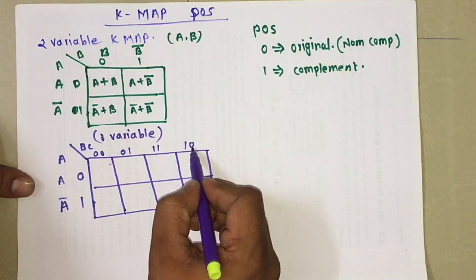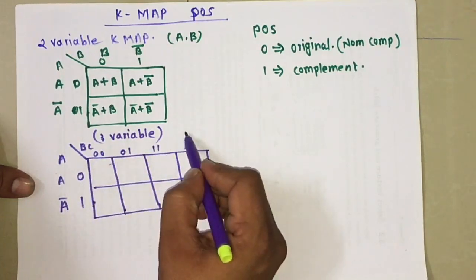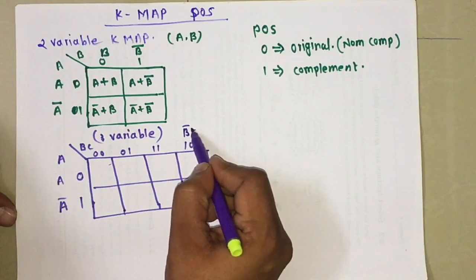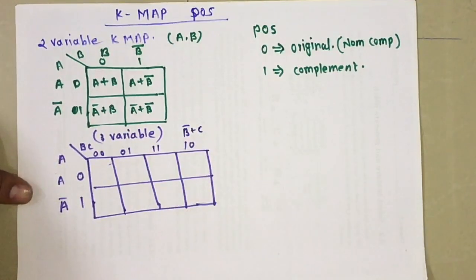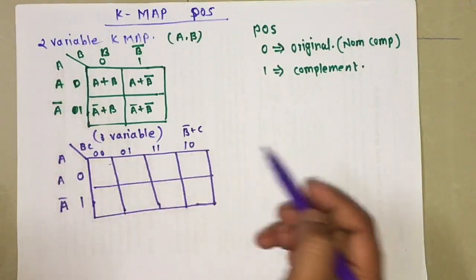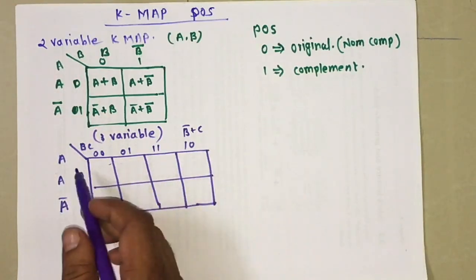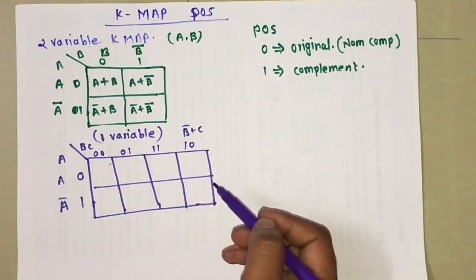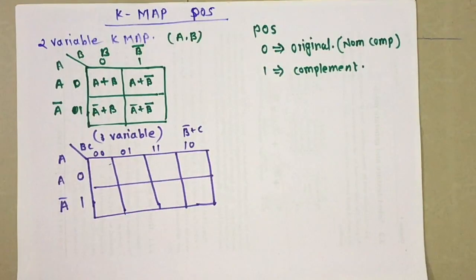So what will 1 0 indicate? It's B bar plus C. B bar and 0, that is C. So like this we will find all the values and then we will put all these values here.